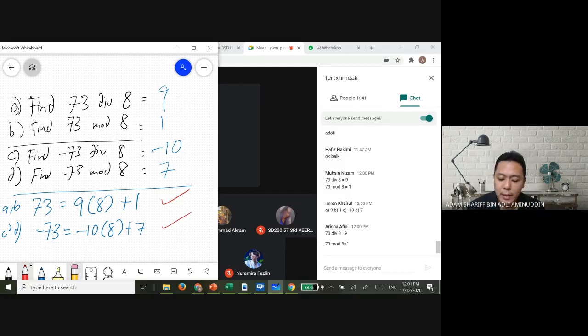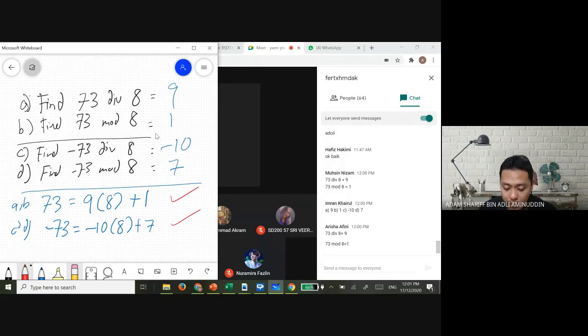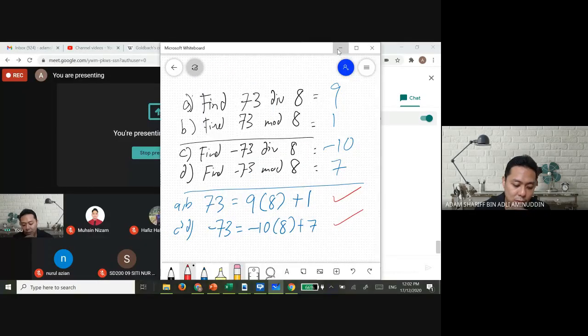Very good. Imran, kamu faham dan saya harap yang lain pun cuba catch up untuk dapat idea macam mana case untuk cari especially for the negative dividend. Okay, this sums up the lesson for today, but the division algorithm punya skill we need to master so much because it will be used for the next lesson of Euclidean algorithm.